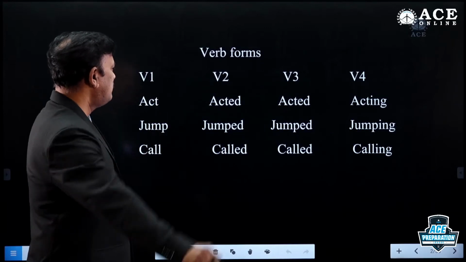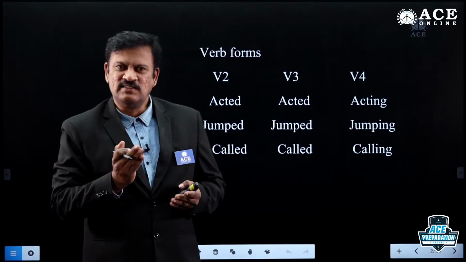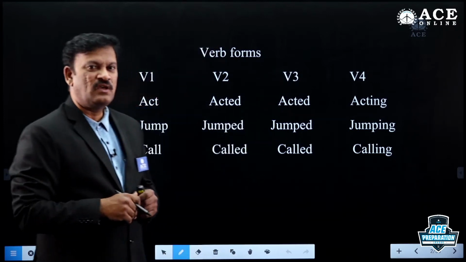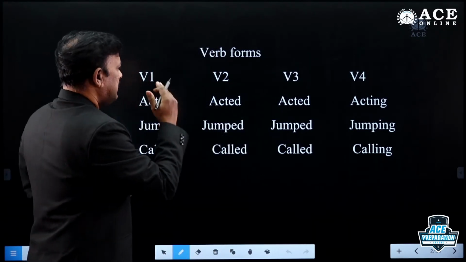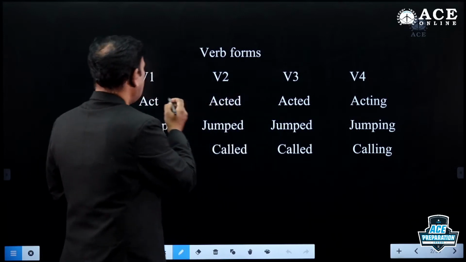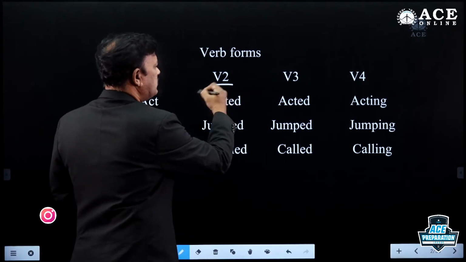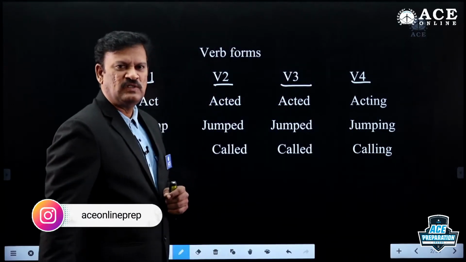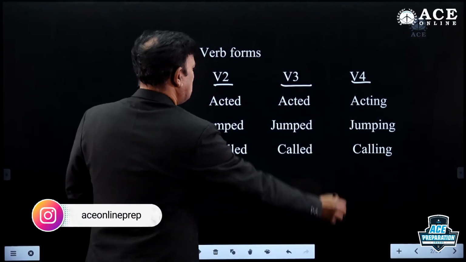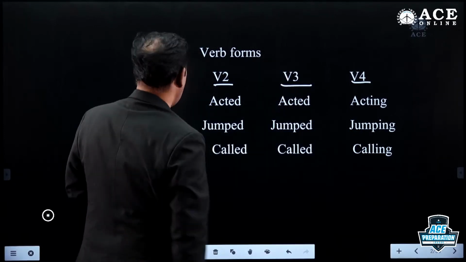Look at this, guys. Present, past, and what we grammatically call past participle. Or simply we will make it V1, V2, V3, V4. This is grammatically called present participle. Now look at this.